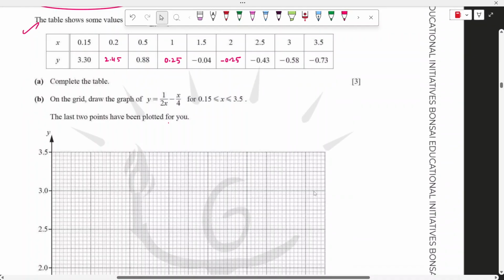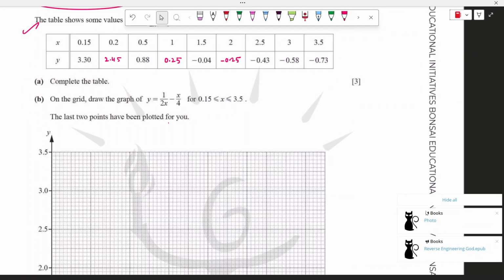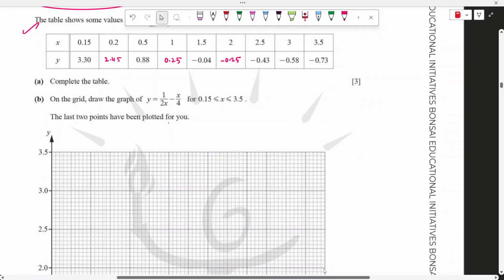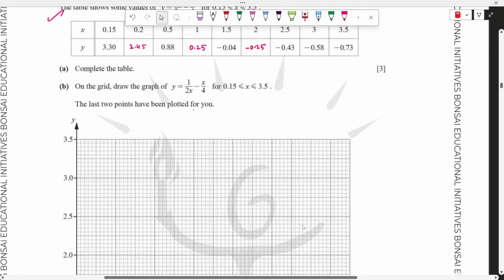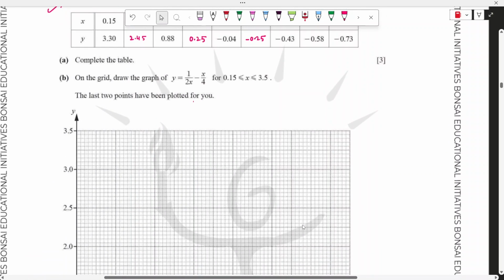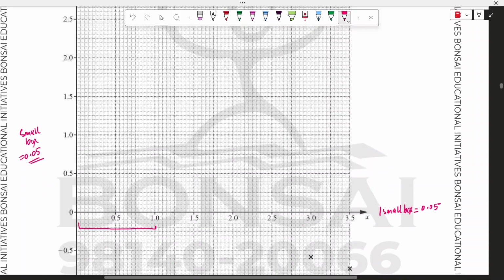So the first point is 0.15 and 3.3. X is 0.15, Y is 3.3. X is 0.15 means on X the scale is 0.05 and you need to take 1, 2, 3 boxes. So this is 0.15.